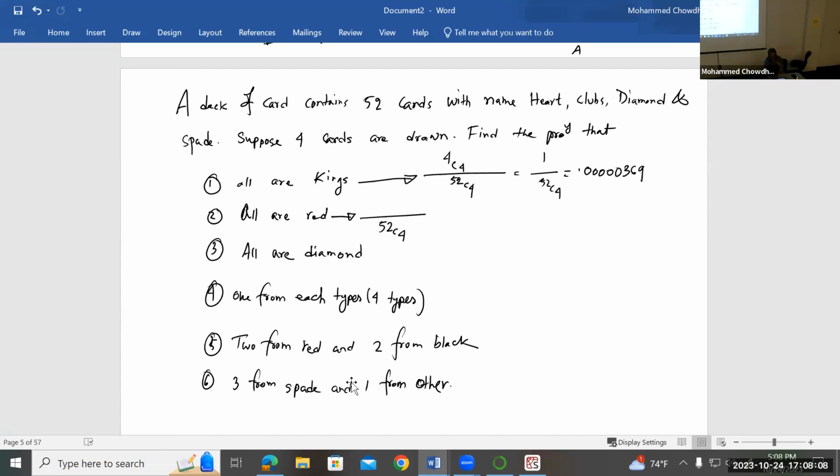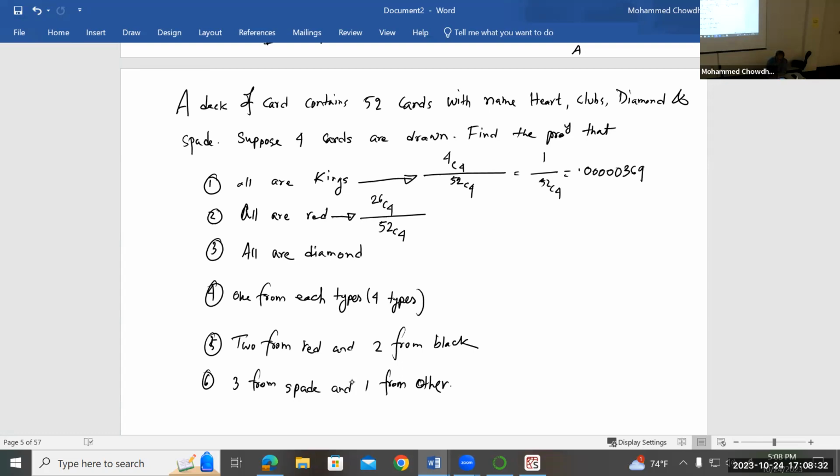So then how many cards am I choosing? 26. So that should be 26 choose 4, right? All 4 cards are coming from reds, right? Are you understanding or not? What was the question?